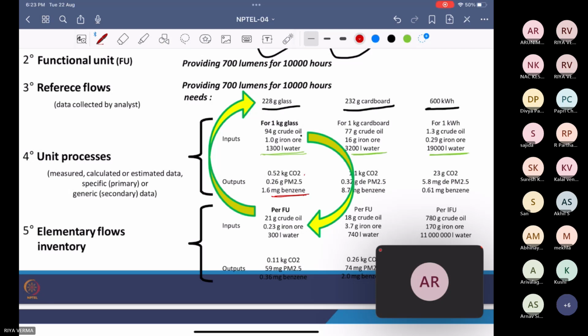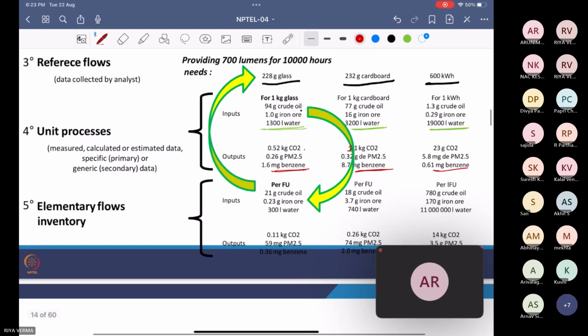For 1 kg of cardboard, we have 1.1 kg of CO2, 0.32 grams of PM2.5, and 8.7 milligram of benzene. Similarly, for electricity, we have 23 grams of CO2, 5.8 milligram of PM2.5, and 6.61 milligram of benzene. So these are all the inputs and outputs for unit processes, right?